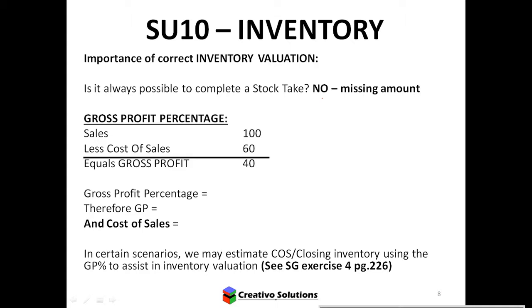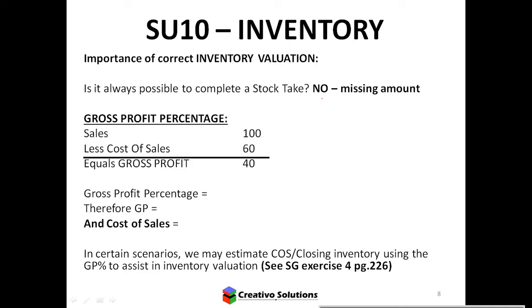So, is it possible to complete a stock take? Not always. So for example, you guys had to do some investigation because you had some stock that you couldn't account for. So that requires a stock take, and then you can't find the stock, there's a missing amount, so you have to estimate. Okay, and then you might use the gross profit percentage to estimate how much stock you were supposed to have.